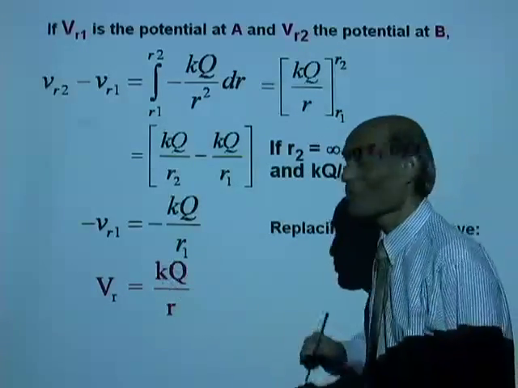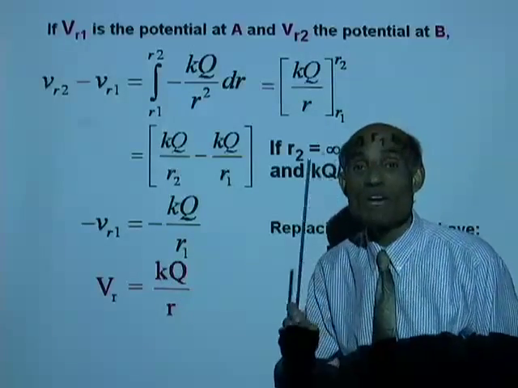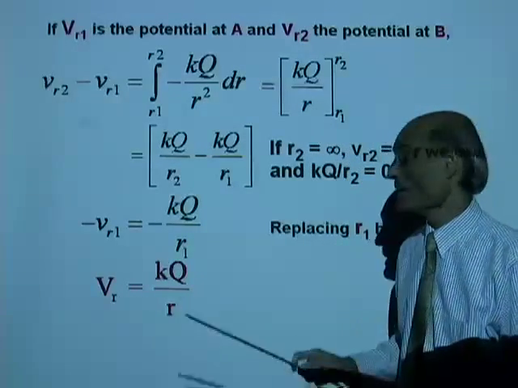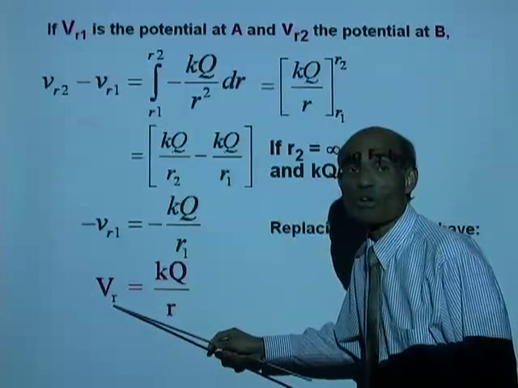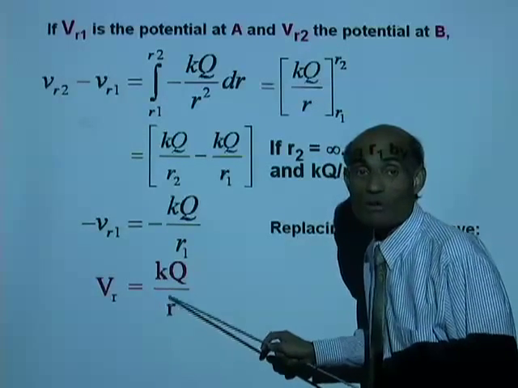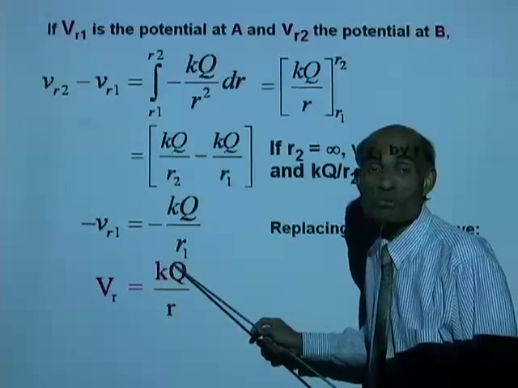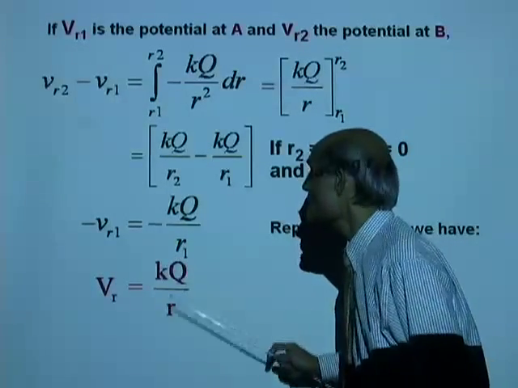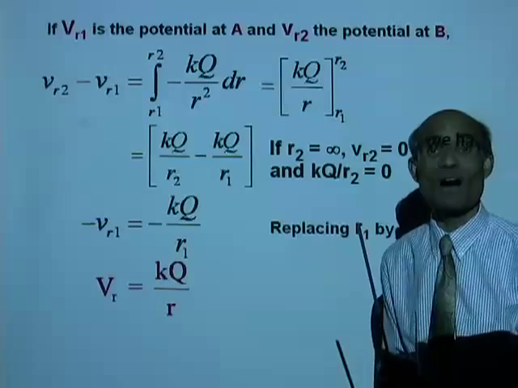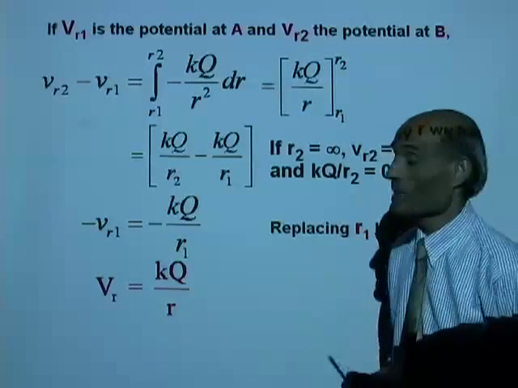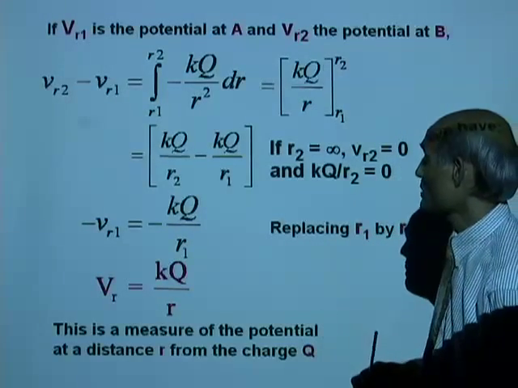Now look at that beautiful and very interesting, very, very important equation. The electric potential at a distance R from a charge Q is V equal to KQ over R. So make a note of that and keep it with you.